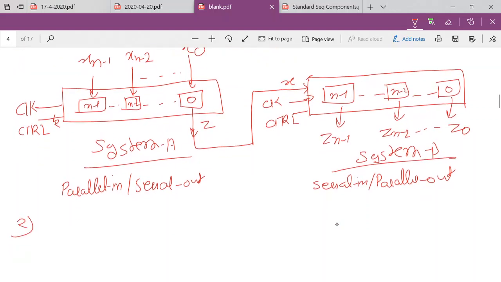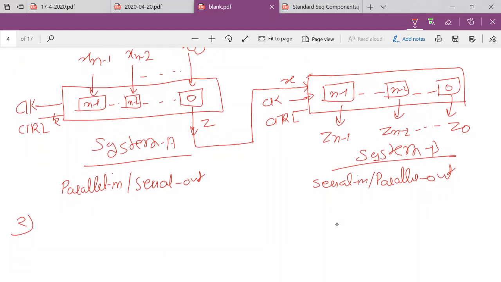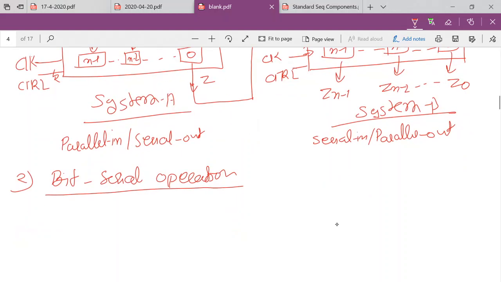Let us discuss another application of the shift register, that is bit serial operation. What does that mean? Suppose we have two data of n bits, and we have to perform a certain operation on those two data.